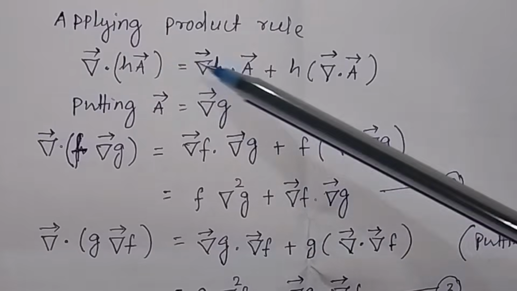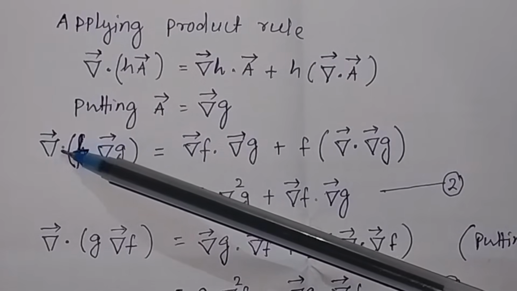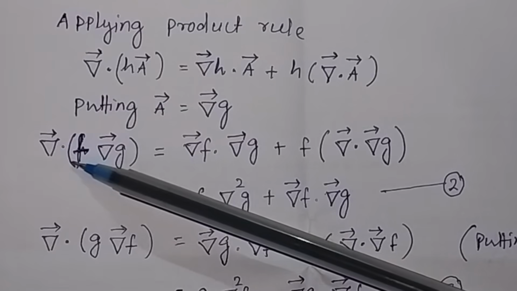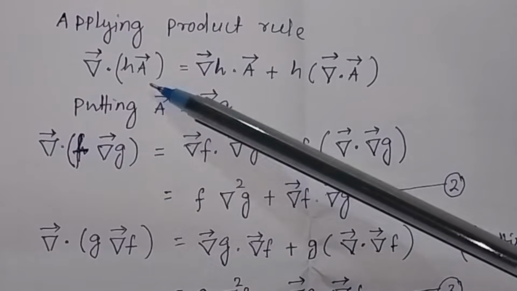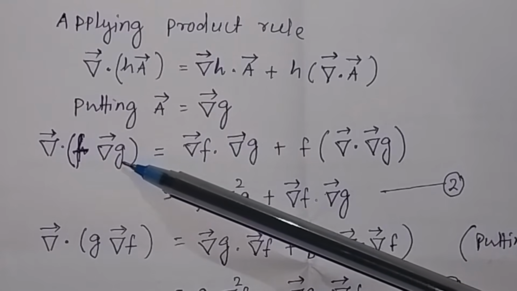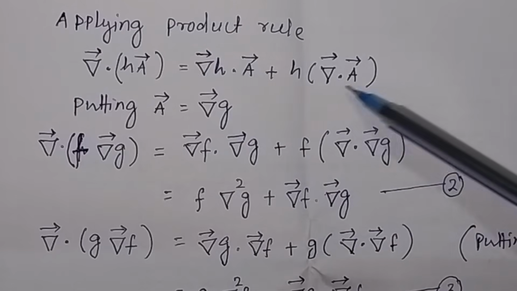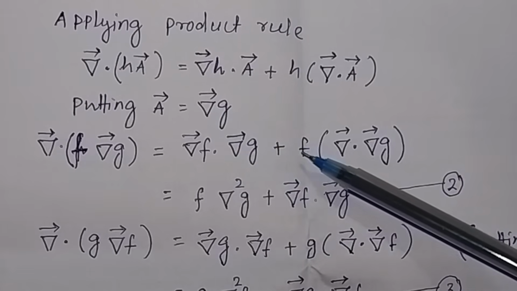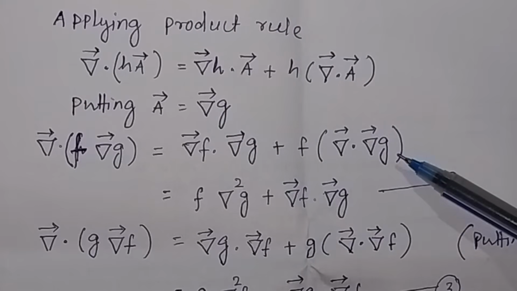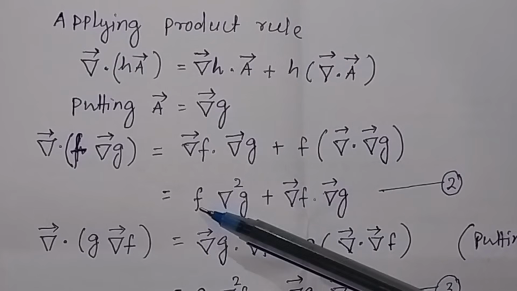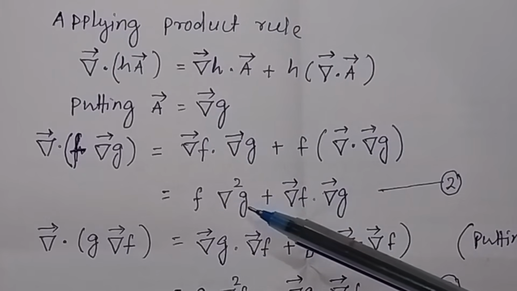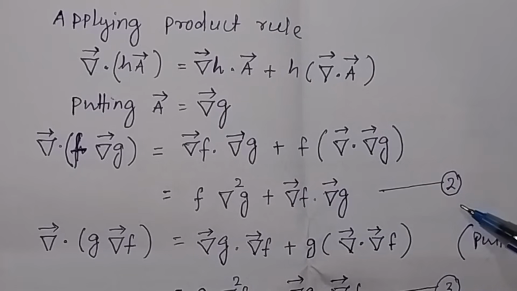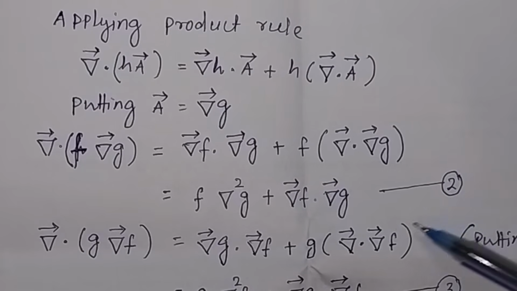Then applying the product rule, del dot f grad g is equal to del f dot del g plus f into del dot del g, and that is equal to f Laplacian g plus del f dot del g. Suppose this is equation number 2.